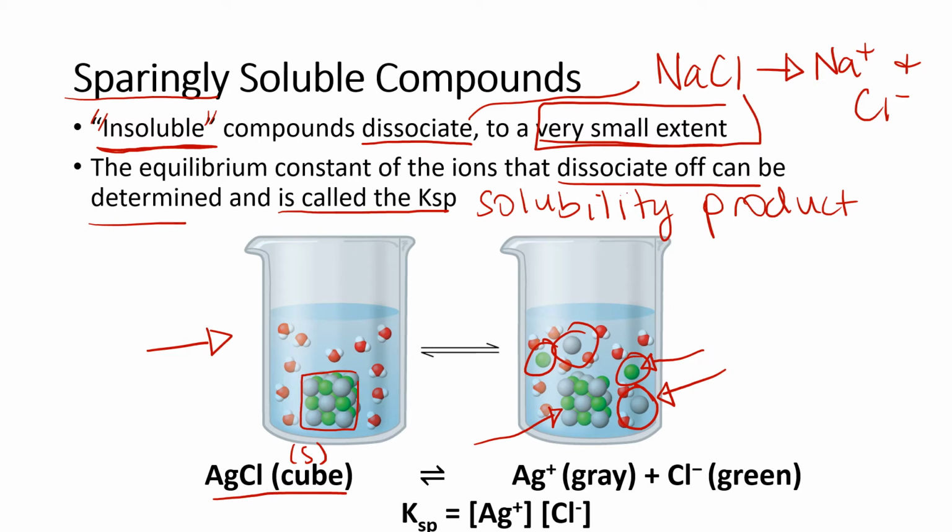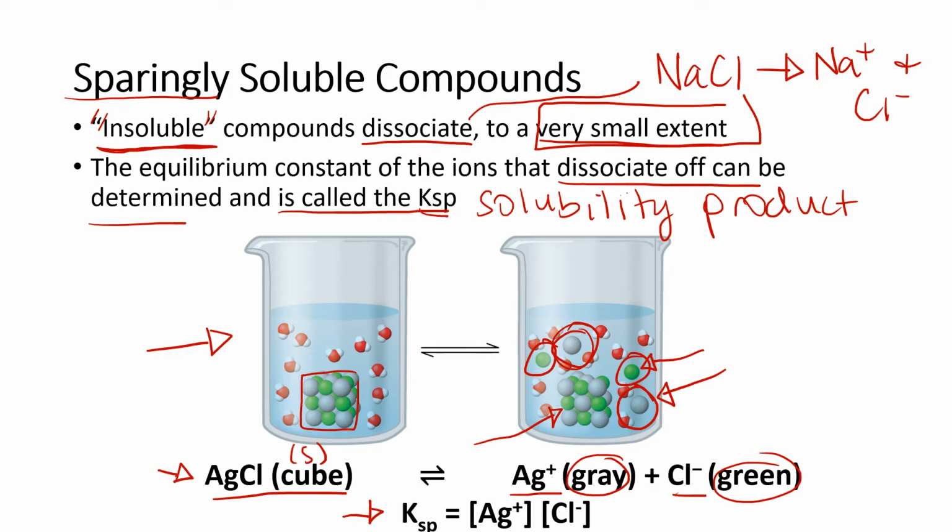So for example, here it'll be the Ag plus and the chloride, so silver and chloride ions, and these are the colors for them, so the gray ones are the silver. So Ksp, the solubility product, is an equilibrium constant. It just happens to be very specific for these types of compounds that are sparingly soluble. And if we were to write it out, we can see that it's the ions, and we don't include the solid that we started off with, in other words, our reactant.